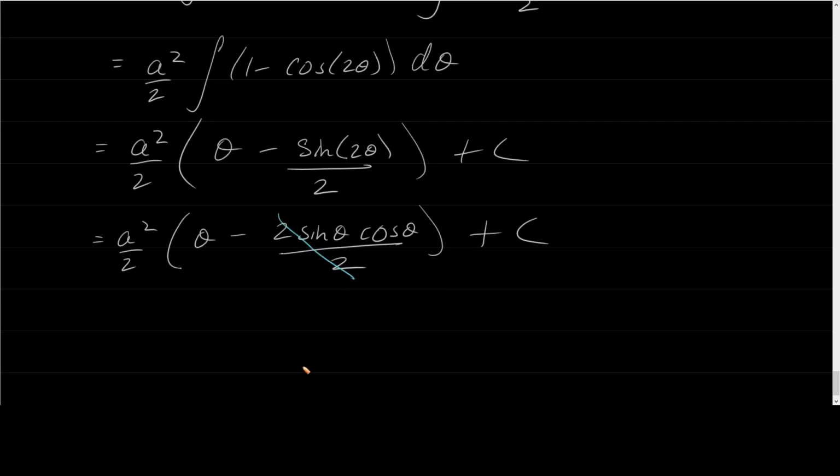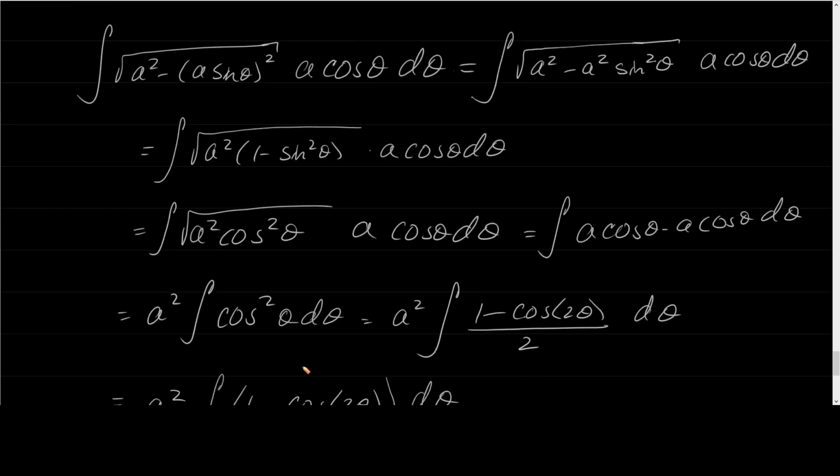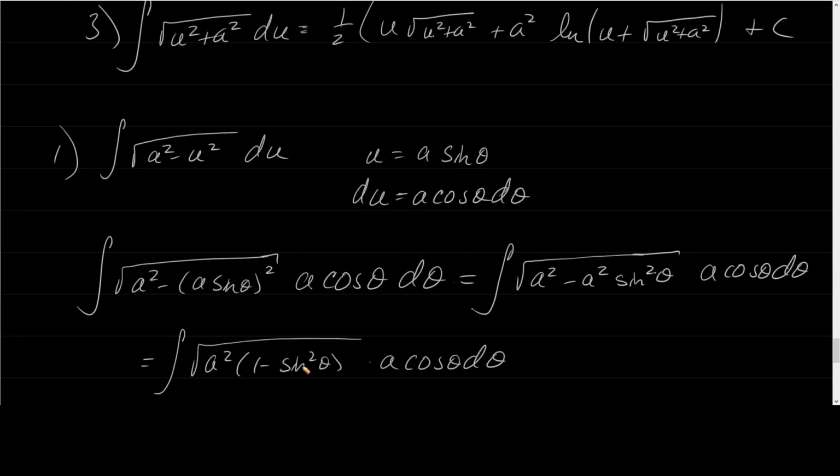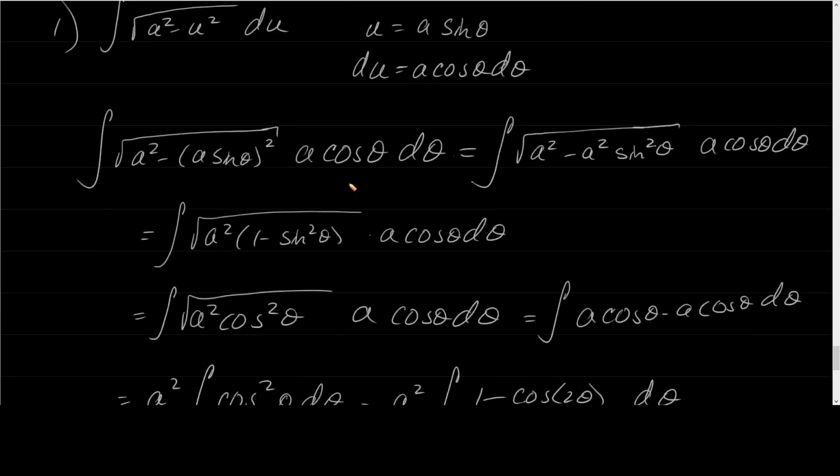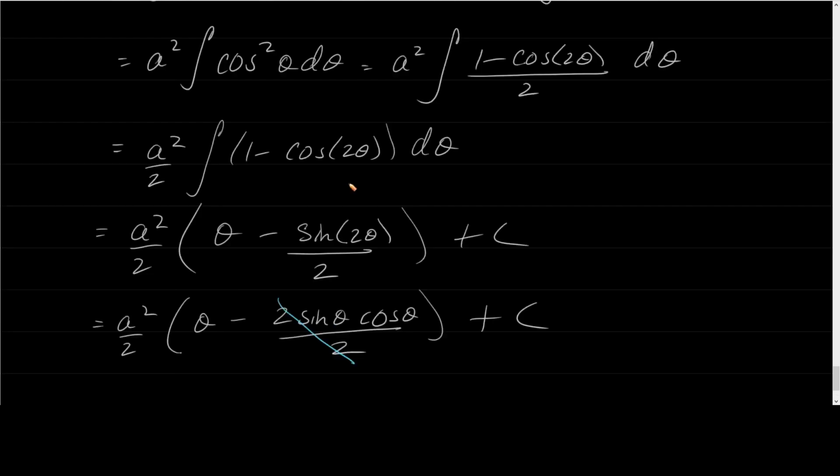But now, the problem wasn't about theta, it was about u. So let's make sure that we put it back into terms of u. Oh, look at that, finally a problem that was about u. In here, u is equal to a sine theta, which tells us that u over a is equal to sine theta.